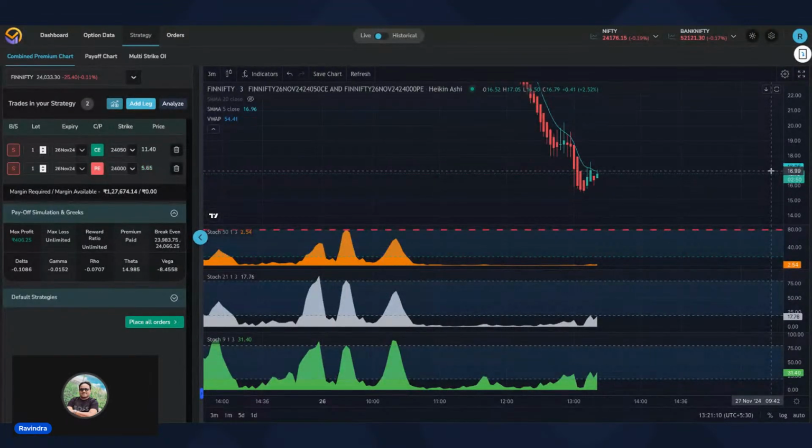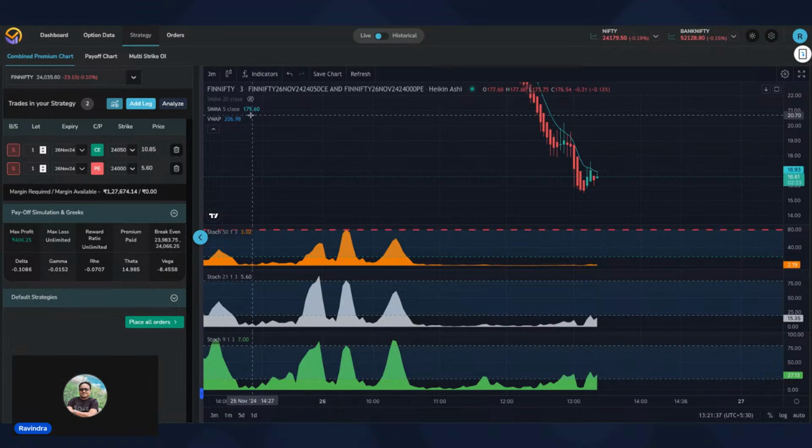Right now it is about 17 or so. But this would be my benchmark, which is about 18. In case it is 18, I would consider exiting the trade, or maybe 19. I'll give you some bit of leverage. So let's say here, where is 19? Yeah, somewhere here, I want to exit. Combined premium is about 19. That's, as of now, the plan.